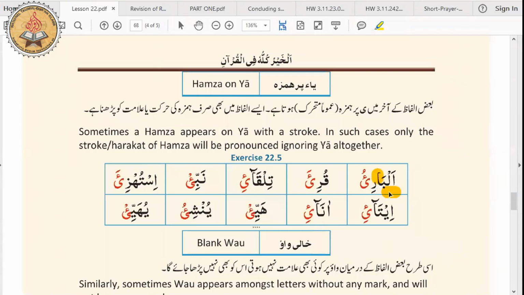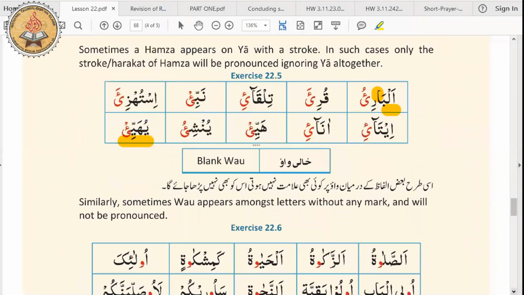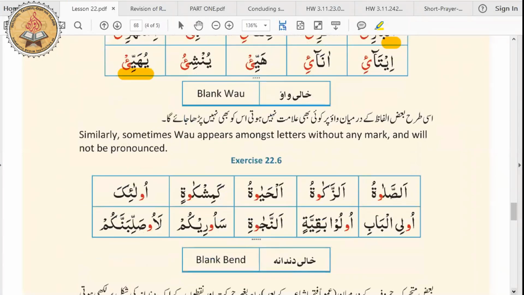So now you try it once more, please. Al-Bari'u. Well done. And how do you read this one? Yuhayyi. Excellent. So you articulate the soft jerk sound as well. MashaAllah.